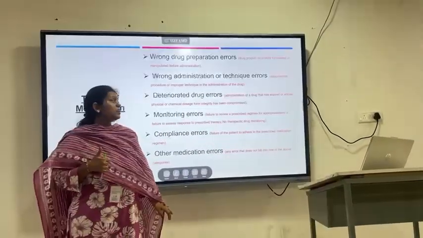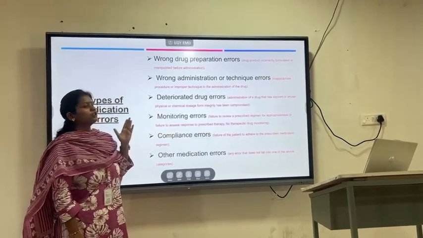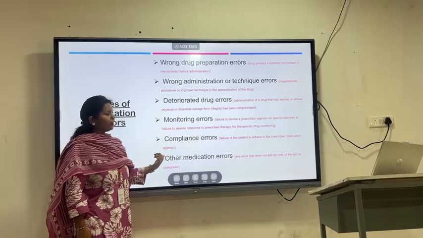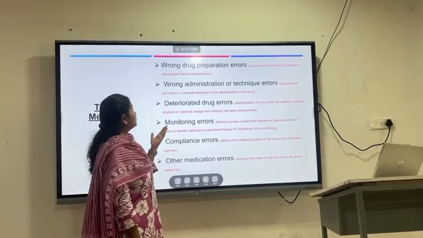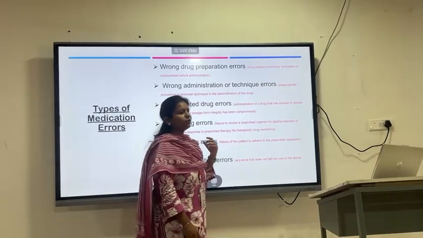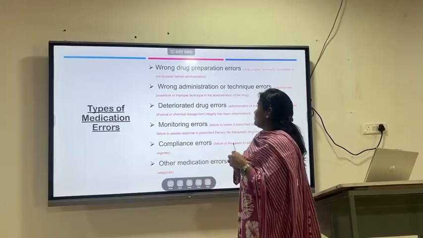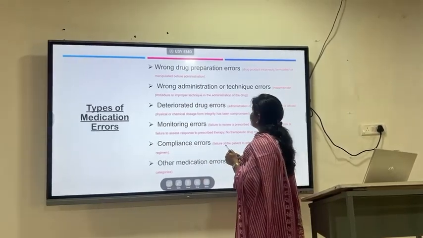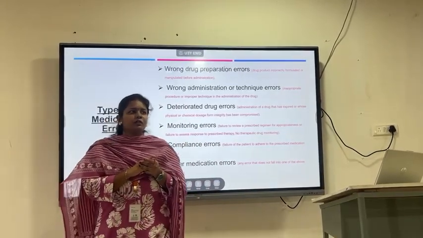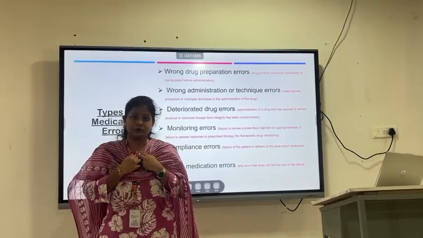Let's come to wrong drug preparation errors, wrong administration or technique errors, deteriorated drug errors, monitoring errors, compliance errors and other medication errors. Wrong drug preparation errors include a drug product incorrectly formulated or manipulated, so mainly the dosage forms can be mixed up. Wrong administration or technique errors are improper technique of administration, that is if the drug is not administered properly according to the route of administration.